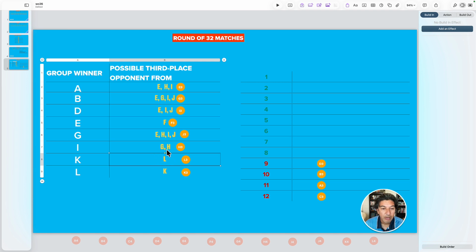group winners versus the third place team. And this is how FIFA is going to have to do this, actually manually, because again, we don't know which teams are going to end up in third place. Let's fix this.